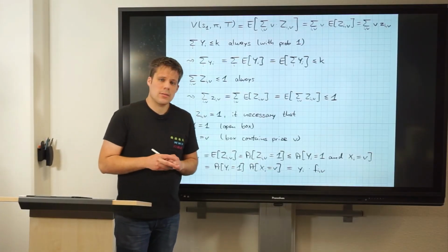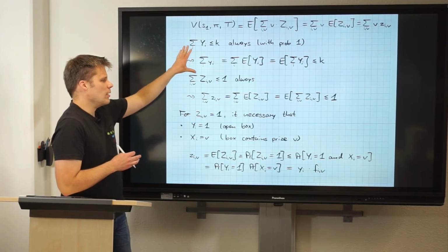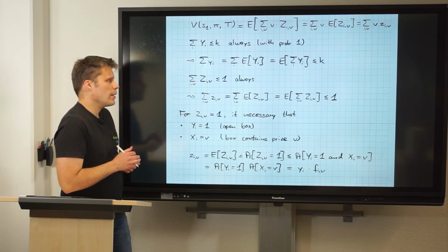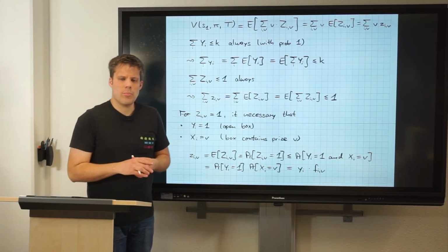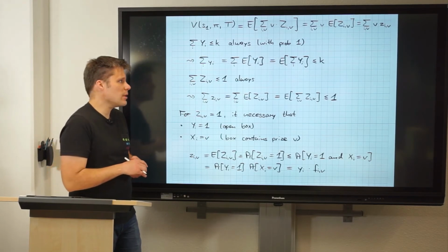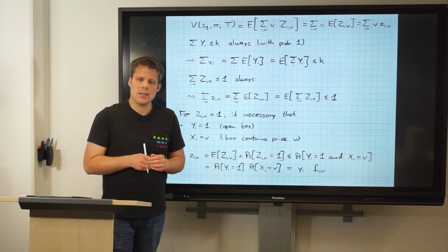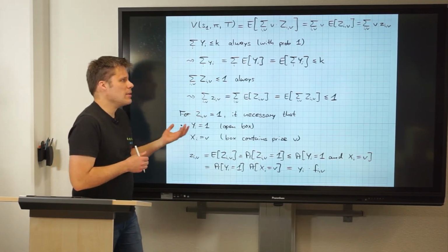Good. So, where are we now? We've now figured out a couple of properties of the y_i and z_{i,v} variables, which were the respective probabilities, and any policy we can now describe like this.